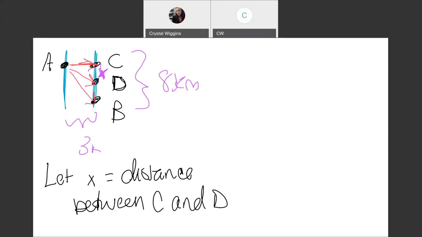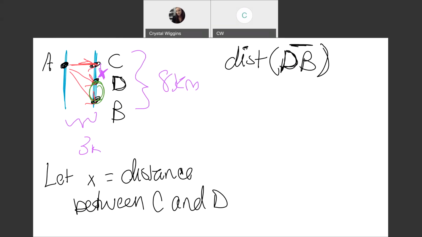Okay, so if we look at the distance, abbreviate it dist, the distance between D and B. Okay, so wherever we stop, what is the distance here? That's what we want to know. What's this distance between where we stop rowing and where we start running?